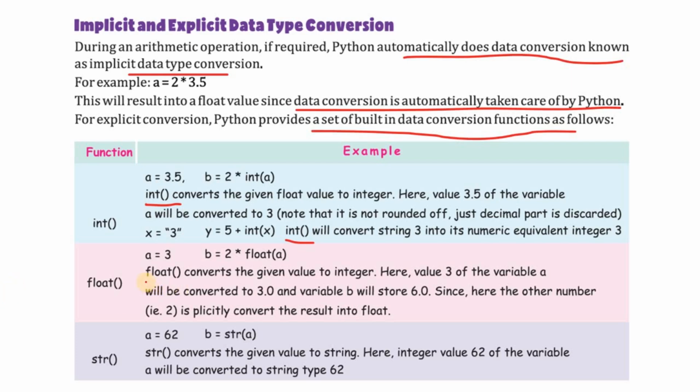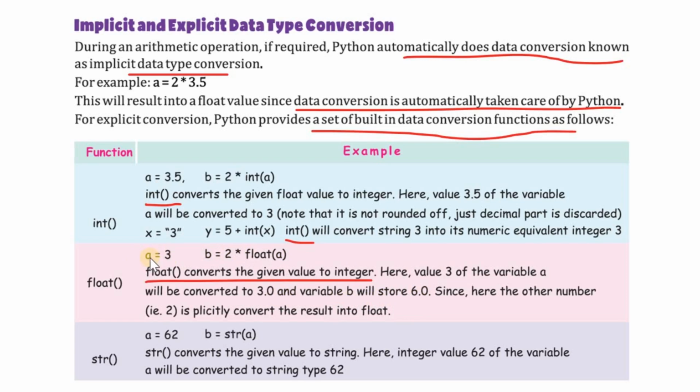Next, float. You see float converts the given value to integer. What do you think? Now this is not correct. It's a printing mistake over here. The float actually converts to decimal value. So the value 3 of the variable a, if I use float, it will be converted to 3.0 and the variable b will be stored as 6.0.